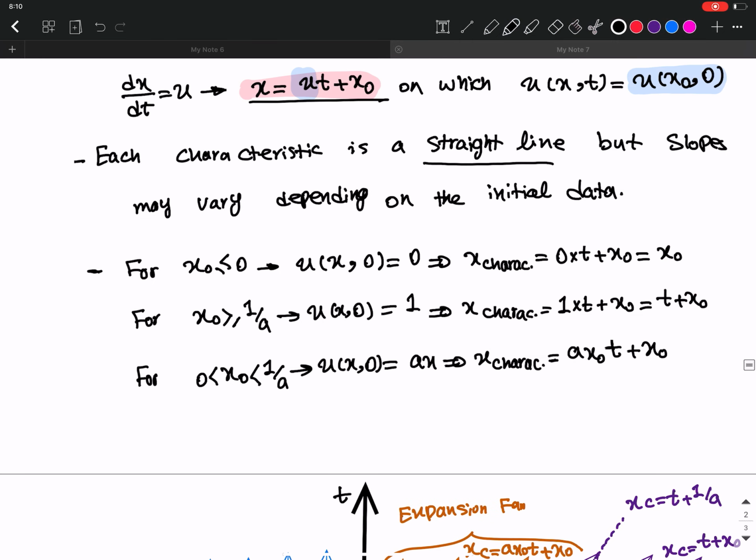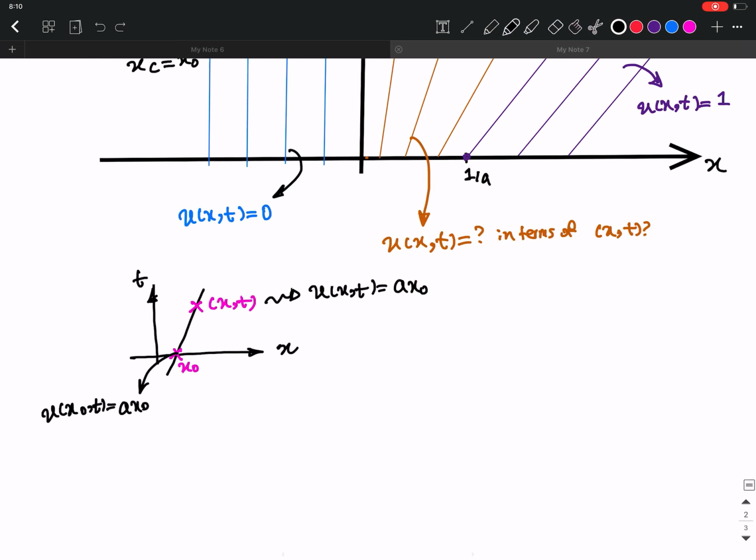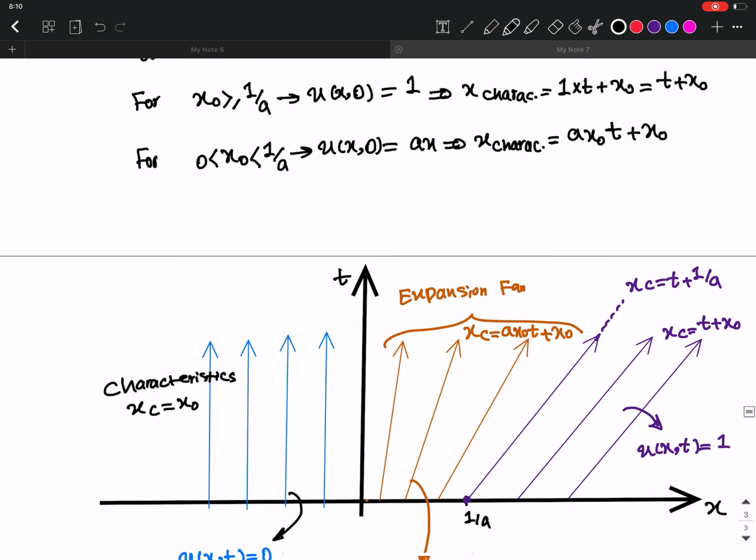This is based on here. I know u in terms of x0, and I want to find it in terms of x and t. The second thing I know is the equation for this characteristic curve from here.